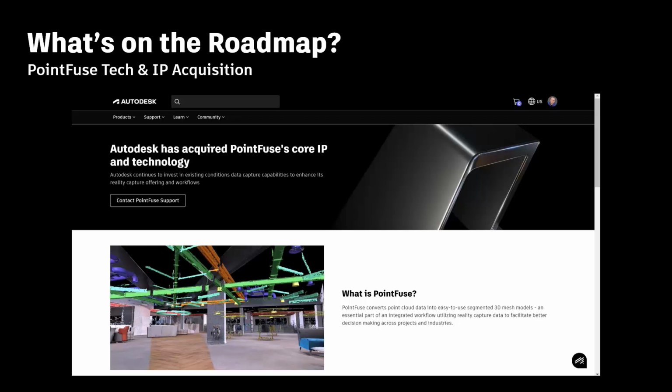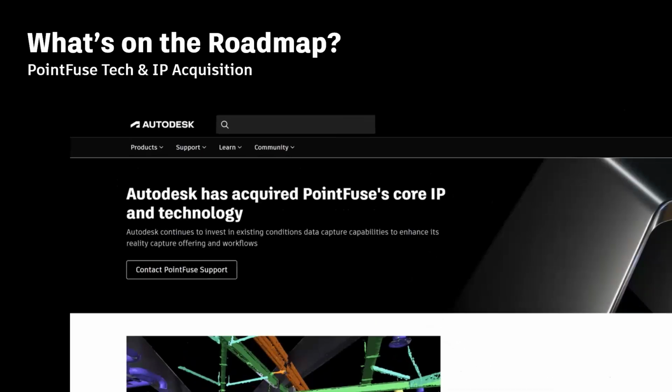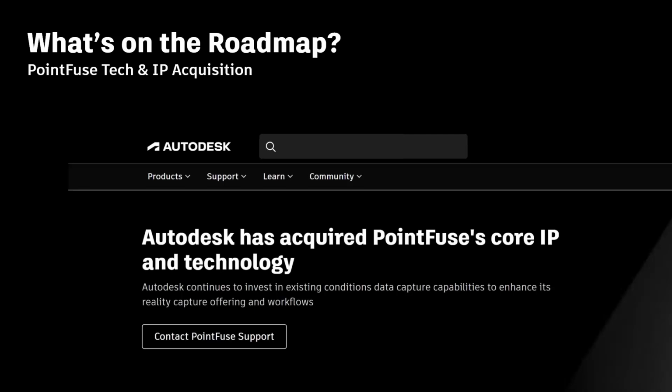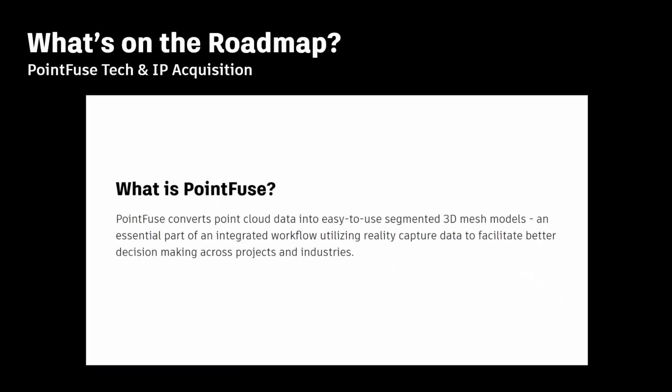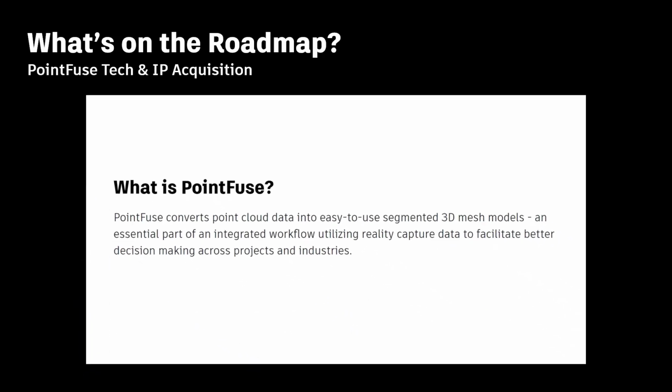It's a lot of that sort of automatic classification like we saw earlier with just the ground points, but at a greater scale, and being able to create 3D models from that. All right, so there's that quick overview of what Point Fuse is. And again, it's still to be determined how this all plays into the grand scheme of things.